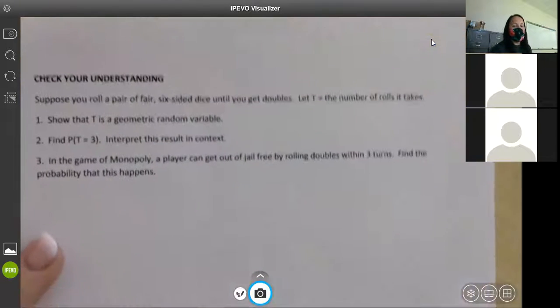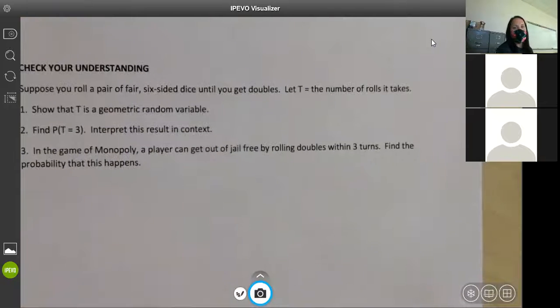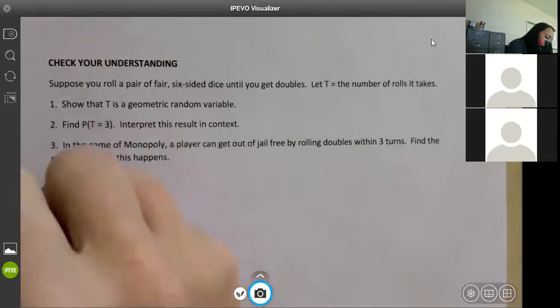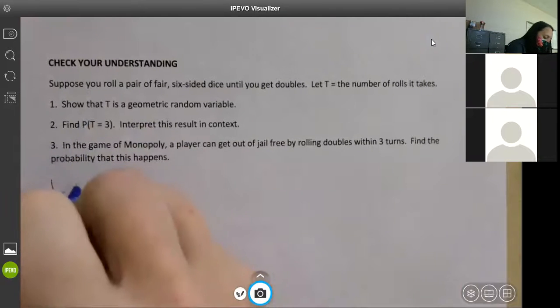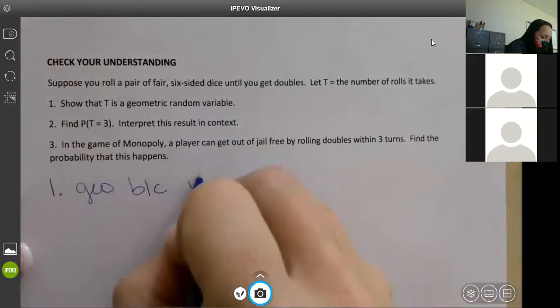All right, almost done. Suppose you roll a pair of fair 6-sided dice until you get doubles. Let t equal the number of rolls it takes. Show that t is a geometric random variable. Why is something a geometric random variable? It doesn't have a fixed number of tries.